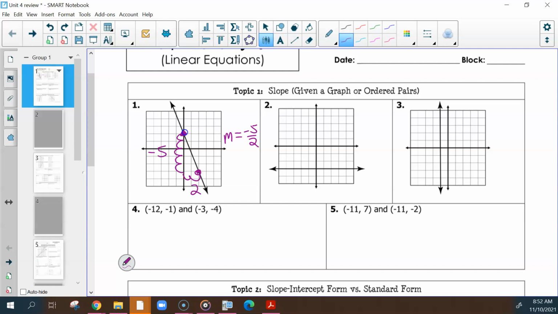What would the slope of number 2 be? You guys can say that out loud. 0. 0. If you need to go back, write your notes.